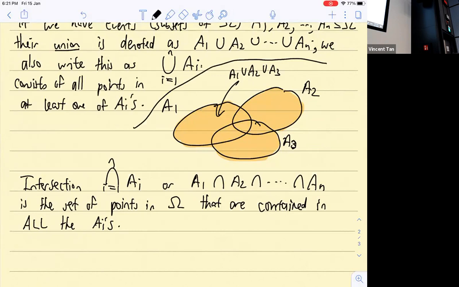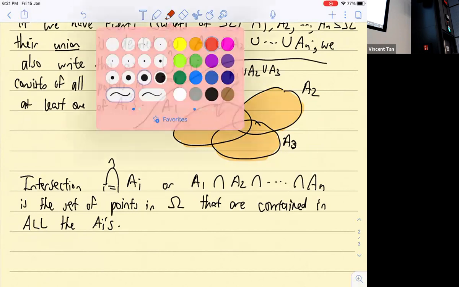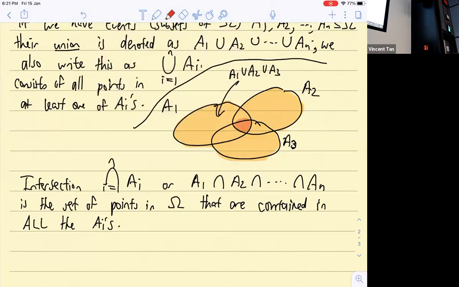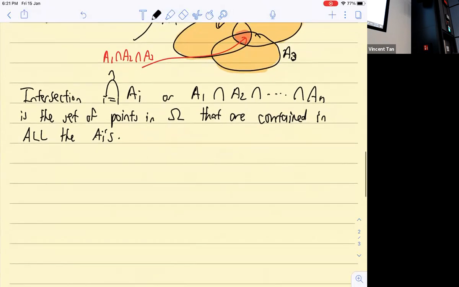The intersection is obviously here, where A1 intersect A2 intersect A3. Hopefully everyone has seen this sort of simple thing before, but this is just to set the notation and terminology so that everyone is on the same page.